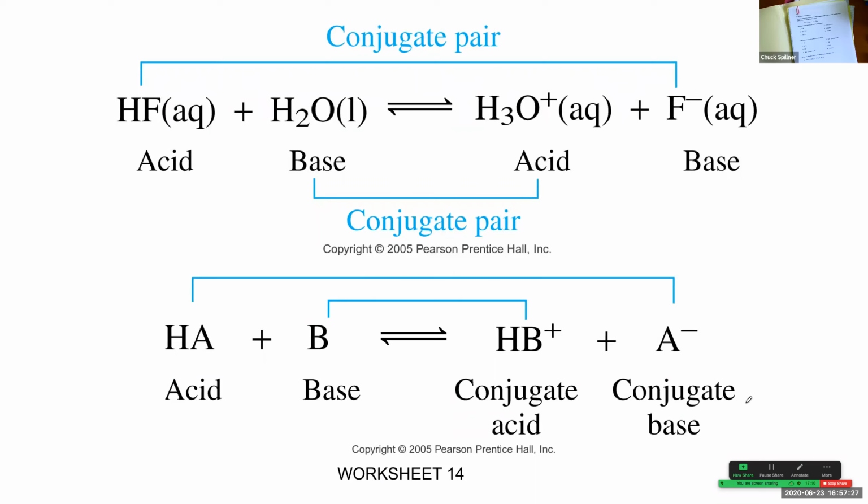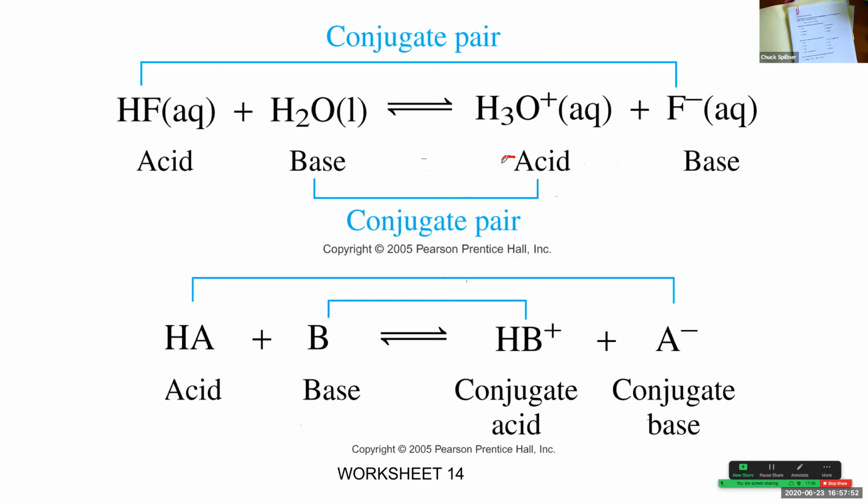This shows another example. At the top, we have hydrofluoric acid and water. The hydrofluoric acid gives up the hydrogen ion to water. So the HF is the acid. F minus becomes a conjugate base. And water is the base. And H3O plus, the hydronium ion, is the conjugate acid.